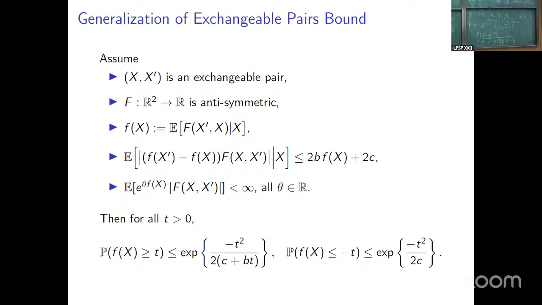3 minutes. Can do it. Almost there. I just need to tell you what the f is, and then the rest is just calculation. So now we said f of x prime equals the sum, i equals 1 to n, of xi minus xi prime.